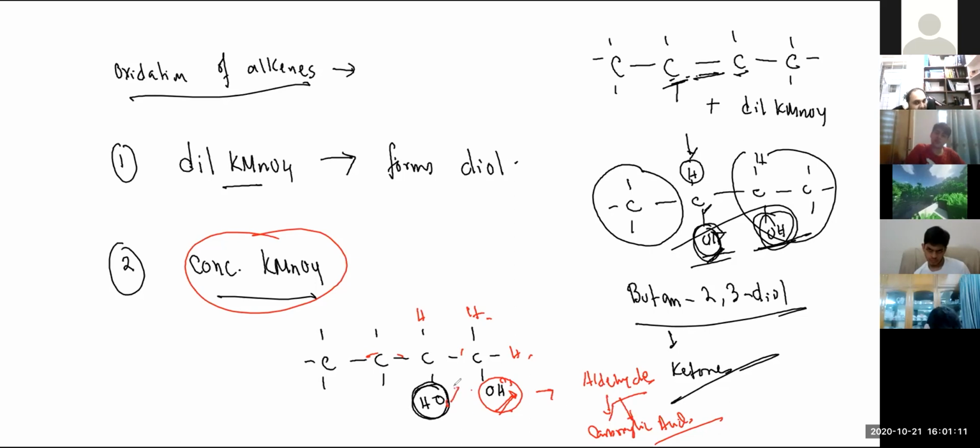And secondary alcohol gets oxidized to? Ketone. And then? Nothing else. Ketone cannot be further oxidized. Our tertiary alcohol gets oxidized to what? I don't know, sir. It doesn't happen. Got it?